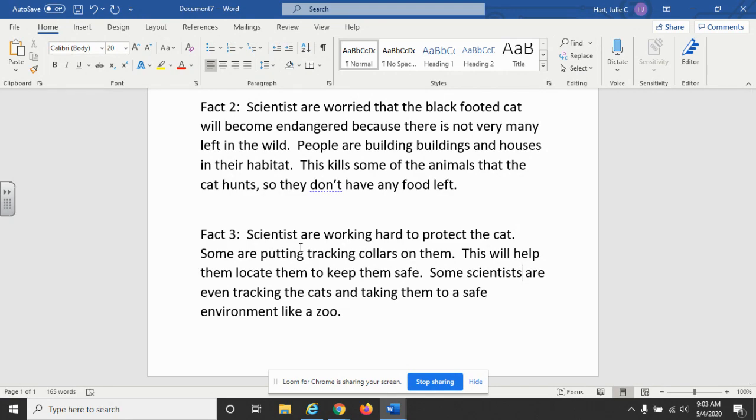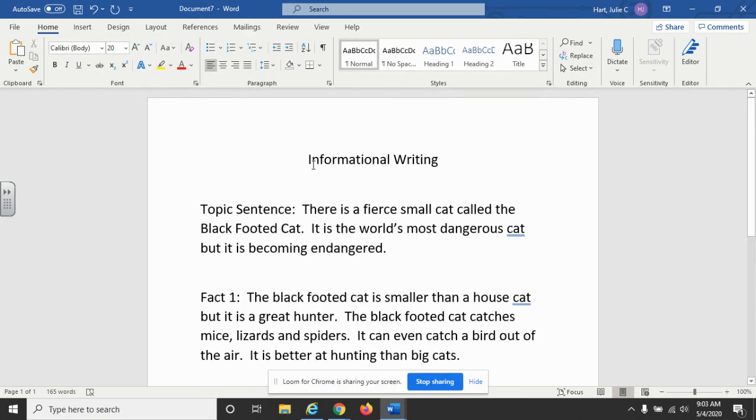So you choose which type of informational piece you want to write about. Just remember, whatever you write in that topic sentence, you need to include every piece of it in the body in your facts. We'll come back in a separate video and piece it all together, adding some good sentence starters and also including a closing statement.